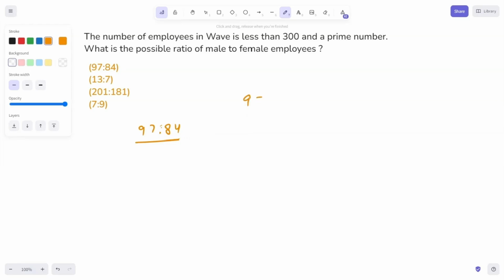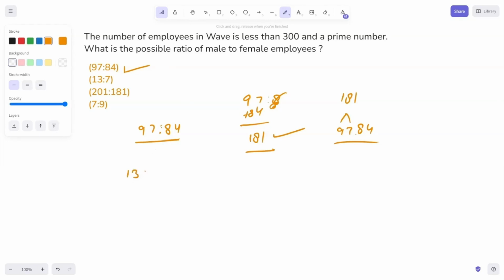So 97 plus 84 equals 181, and this is a prime number. Because 181 is a prime number and it is the sum of 97 and 84, it is our correct answer.